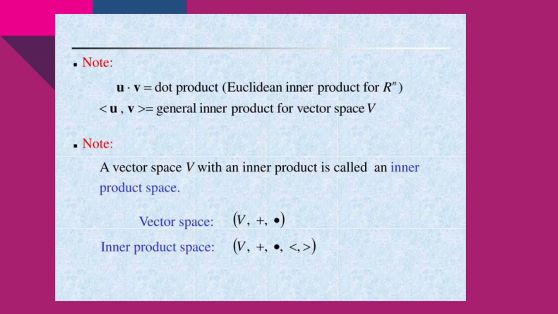So a normal vector space only has addition and scalar multiplication, but an inner product space also comes with this special multiplication rule between two vectors.